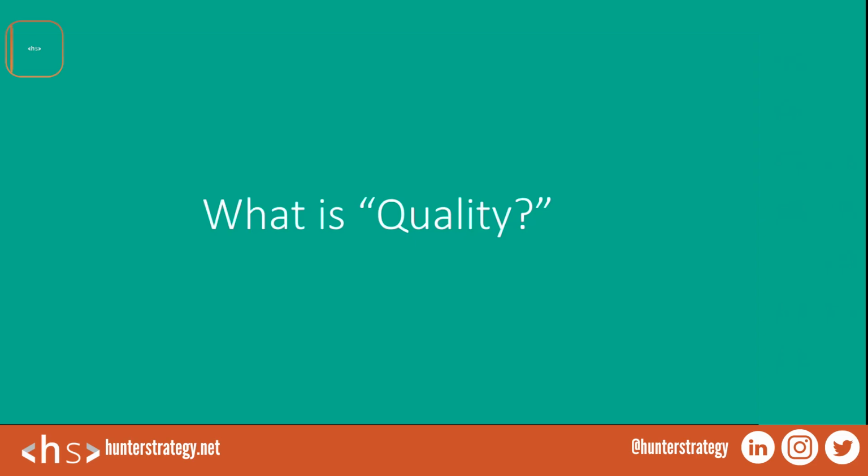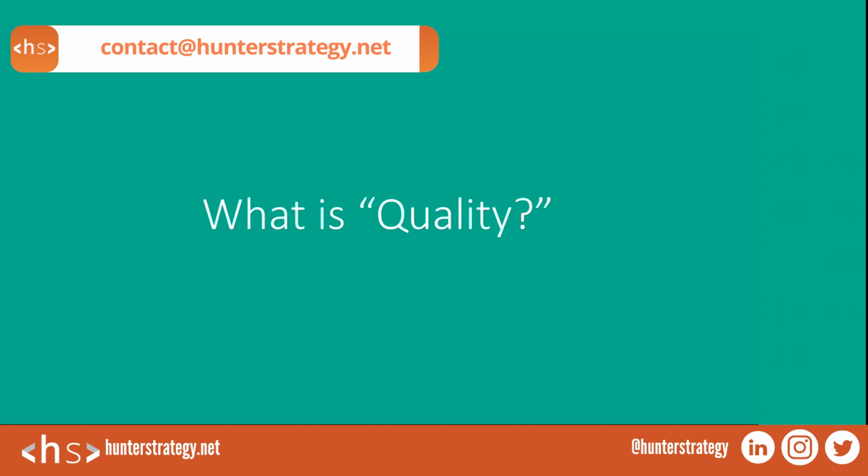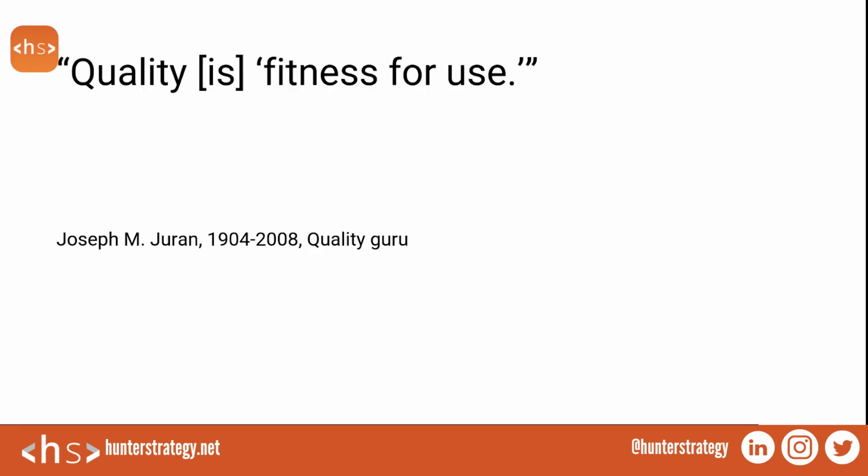So, there's really no better way to have a conversation about quality assurance than to start with a basic definition. And the basic definition that I love to use about quality comes from a quality management, quality control guru who did a lot of his work in automotive manufacturing in the middle of the 20th century.